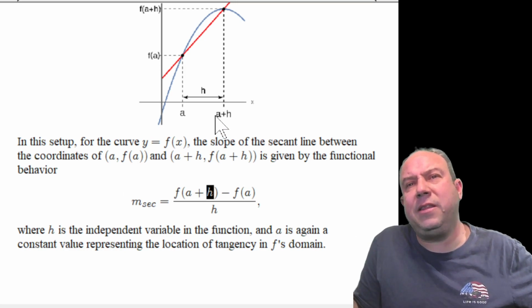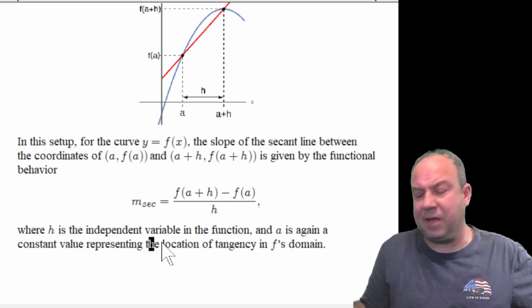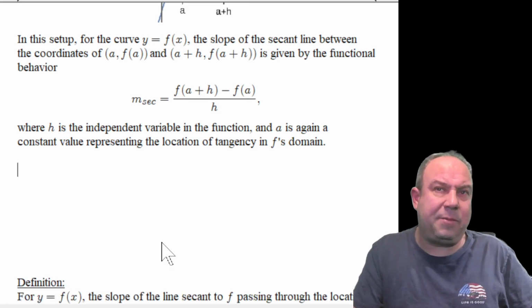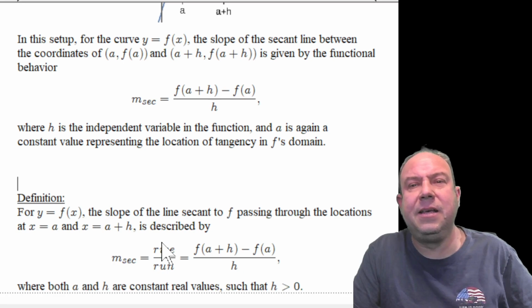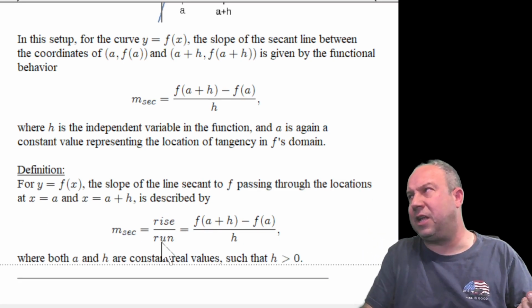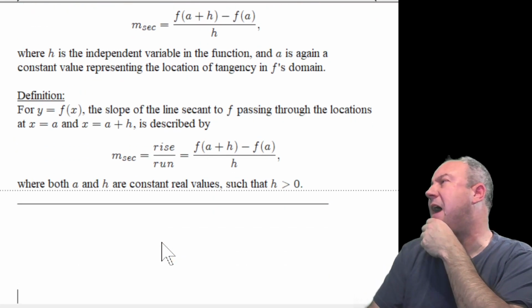We're going to bring in this location here at a plus h closer and closer to the value of a. And we're going to do that using a limit. And when we apply a limit, we will end up with what we call the slope of the tangent line. Now, I do follow with a formal definition here, and you can read through that.